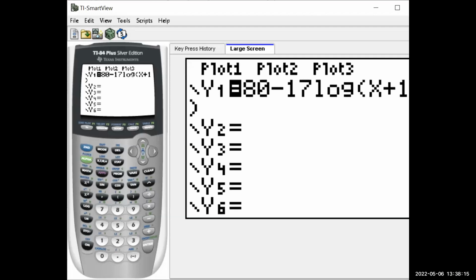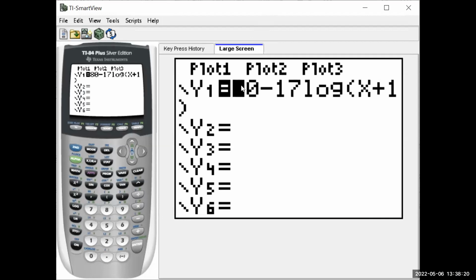Let me move this over here so I can see. I have 80 minus 17 log, that's my log base 10 of x plus 1, because my calculator only will think in terms of x's when I'm in this mode. You can't plug in a t. So there's the equation. And then I just go to the table.